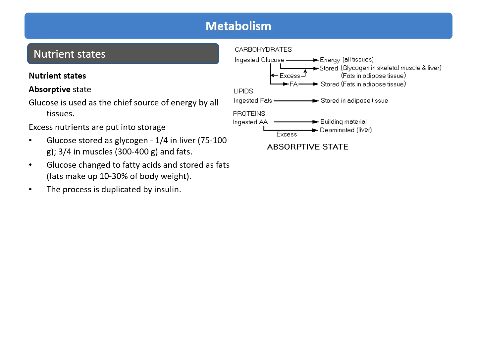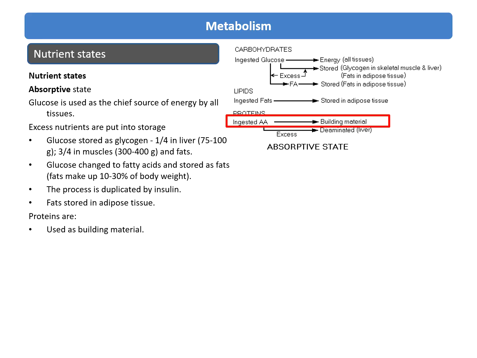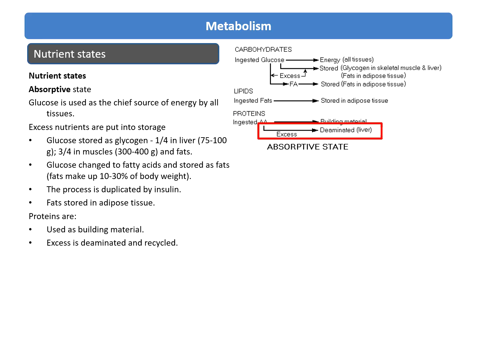The process is stimulated by insulin. We'll talk about insulin shortly. Fats would be stored in the adipose tissue because they don't need to be used for energy in the absorptive state because enough glucose is available. Proteins, on the other hand, will be used as building material.